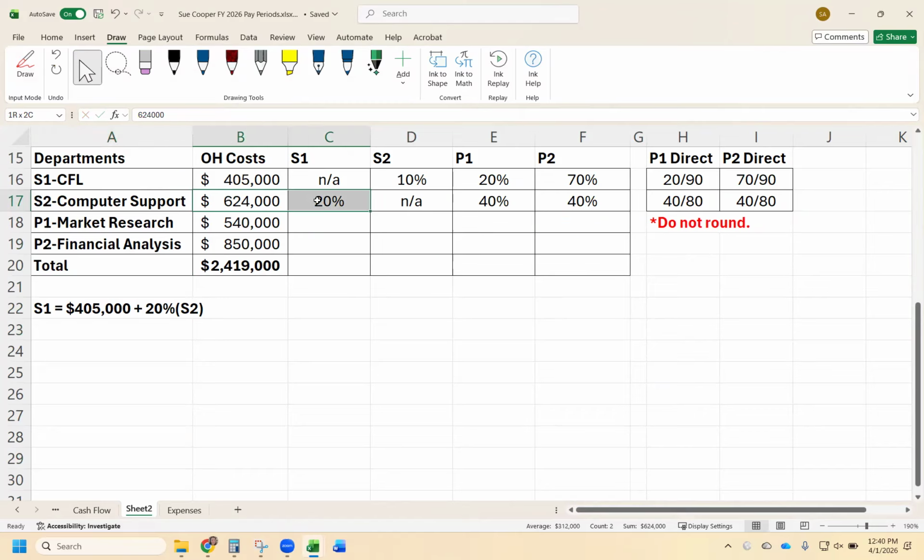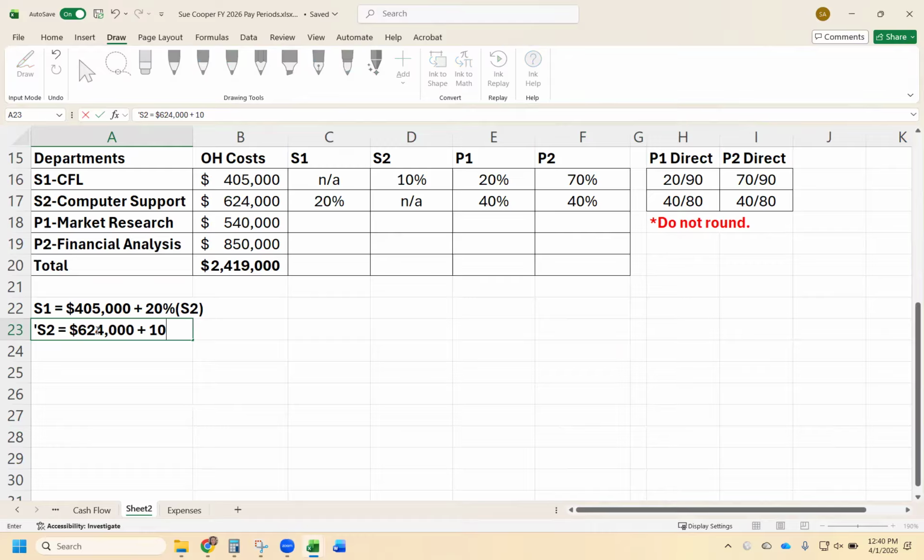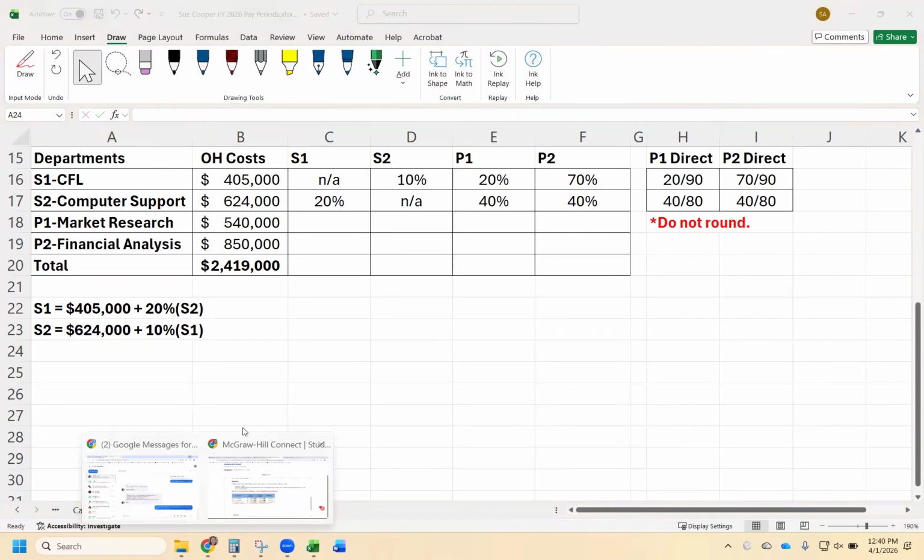So S2 is going to send 20% of its money to S1. And that would mean that S1 would then have 405 plus 20% of whatever S2 is. And then my second equation is whatever S2 ends up being, it'll be equal to 624,000 plus 10% of S1. And that's my system. Okay, so then I'm going to go to Desmos and solve the system.